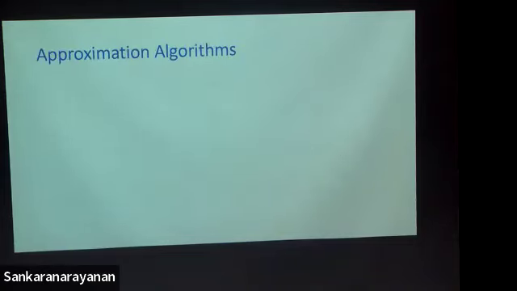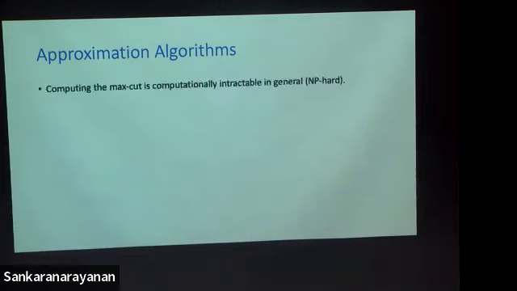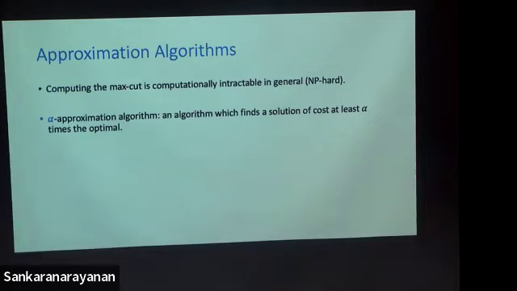Okay, so at least I'll try to mention one application of all of these things. These things are often used in theoretical computer science in designing approximation algorithms. What do we mean by approximation algorithms? Let's take the example of the max cut problem. As we said, it's NP hard in general, so we do not really hope to solve it exactly in polynomial time. So we try to get an alpha approximation algorithm. What does that mean?